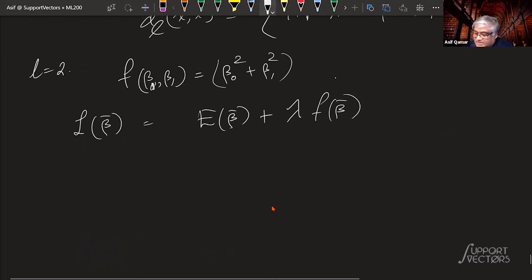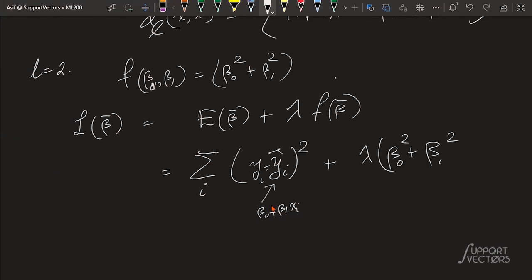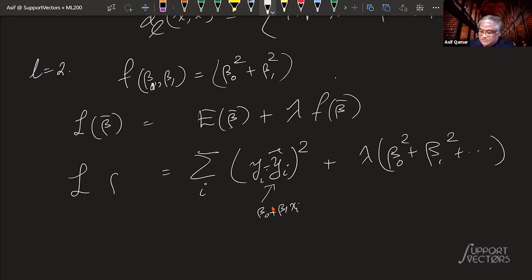The error of beta was actually equal to, going back to the old story of where we started from, the sum of yi minus yi hat square, where y hat is beta naught plus beta 1 xi, square, plus lambda times f. Now what is f? Beta naught square plus beta 1 square. And wow, this is the equation that people write in books.